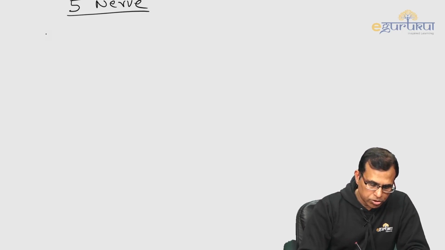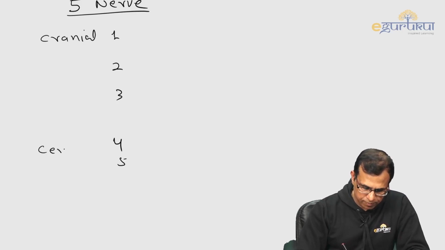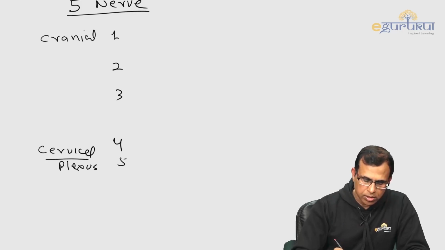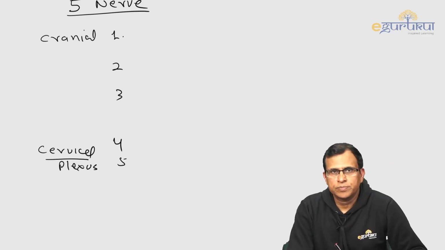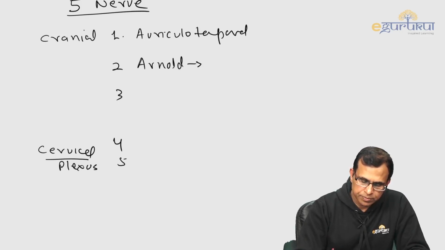And 3 of the 5 come from cranial nerve branches, and the rest 2 come from the cervical plexus. Which are these 3 from the cranial branches? One is auriculotemporal, then the vagus, Arnold's, a branch of vagus, and the auricular branch of facial.